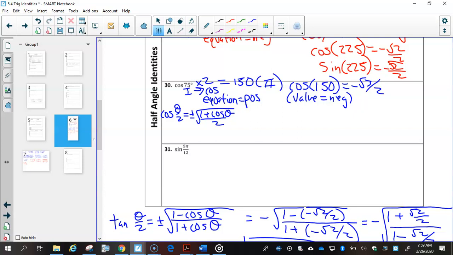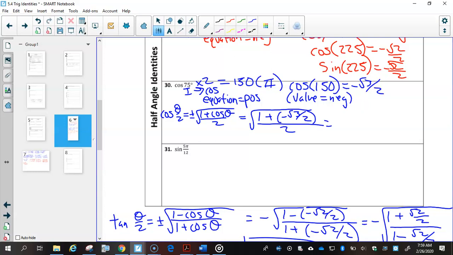Just leave it. But we do need to put this in, the value. And from there, start simplifying.